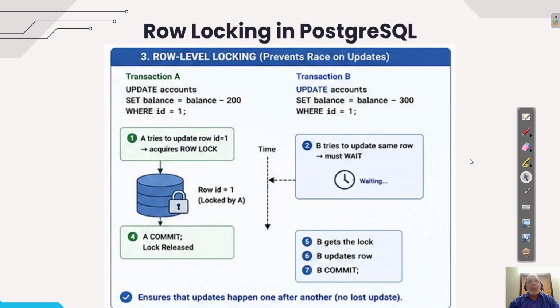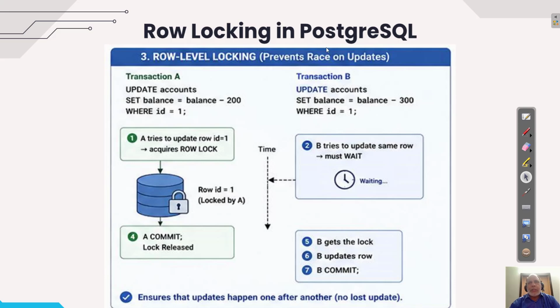Okay, row locking. Here you can see transaction 1 updates the balance by minus 200. For example, initial is 1000, so it is now 800 for ID1. Transaction A gets the lock of this row. This is also handled in the Postgres database.